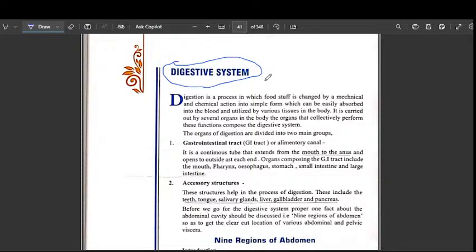Accessory structures consist of teeth, tongue, salivary glands, liver, gallbladder, and pancreas. Teeth help to chew the food and break down the food from big chunks to small pieces. Tongue helps to aggregate the food through the esophagus. Salivary glands help to add mucus into the food and make a slimy ball that helps to engulf.